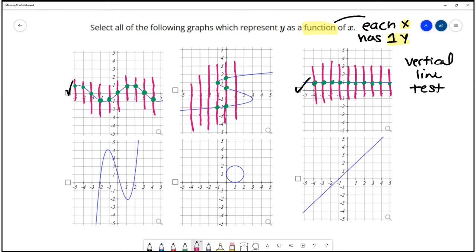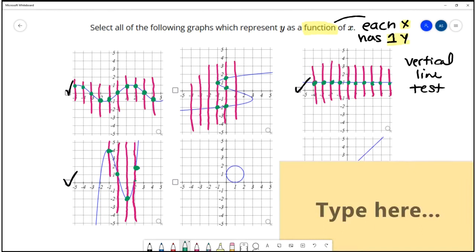We'll try the next one. When I draw a vertical line, I can see only one intersection point each time. So here's an intersection, here's one, here's one, here's one. So this is the graph of a function.